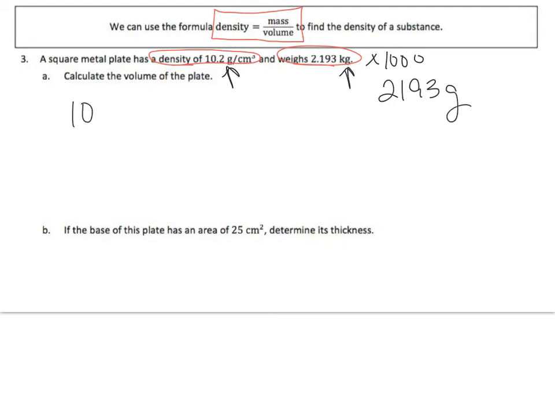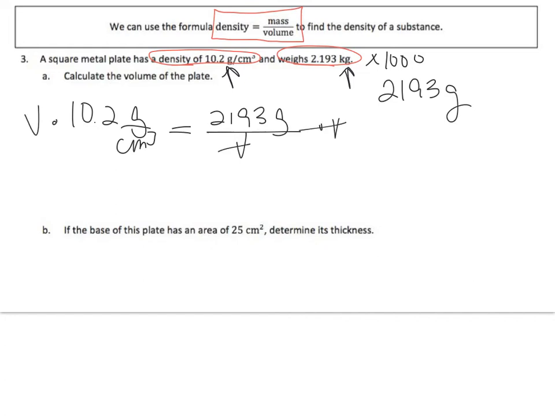So density 10.2 grams per centimeter cubed equals mass in grams over volume. I'm going to multiply both sides by V, which cancels it out there, and then divide both sides by 10.2 grams per centimeter cubed.